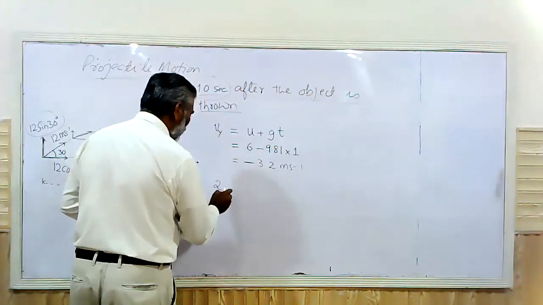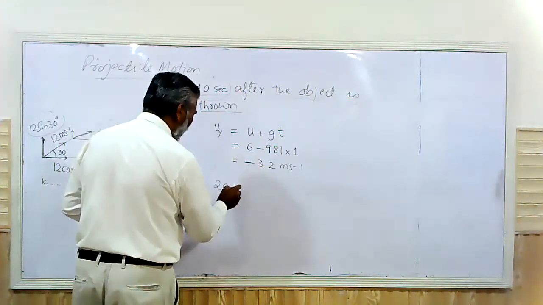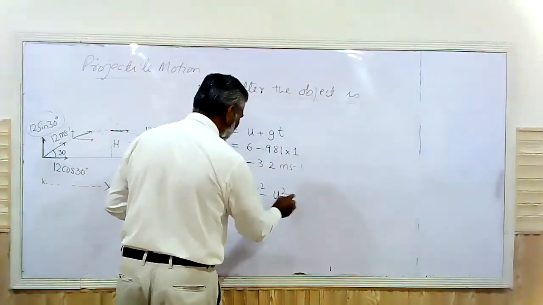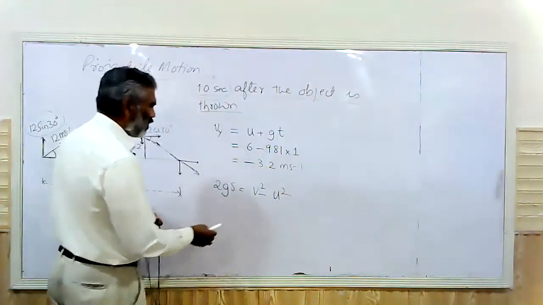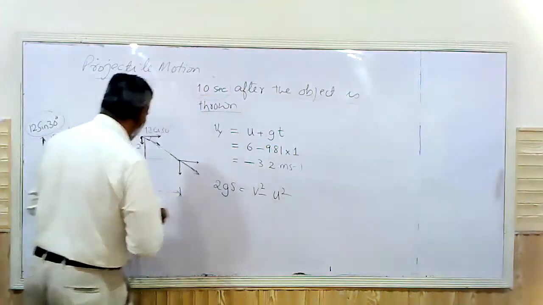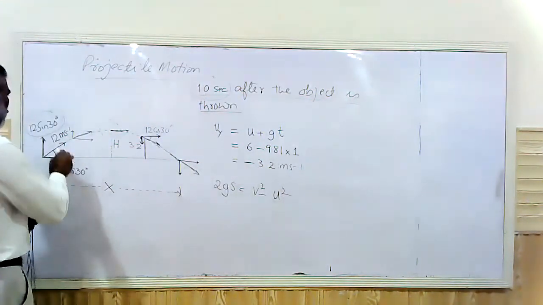So 2gs is equal to v square minus u square. And I know this is v, and I know u is this, this is u.